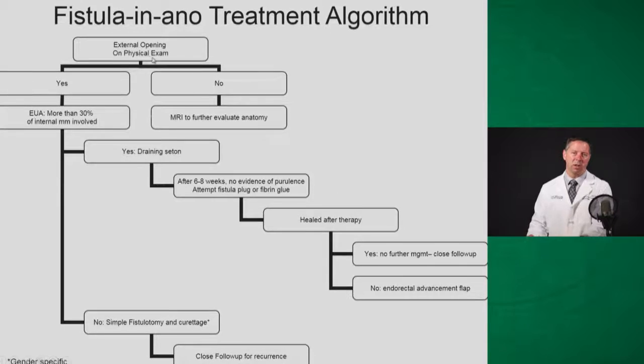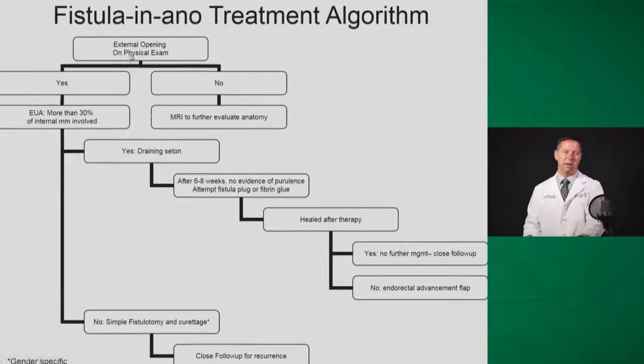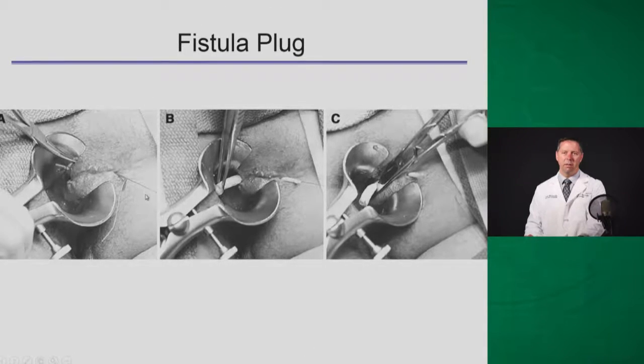If there's no external opening on physical exam, but the patients are clearly having symptoms, they're getting swelling, I'll send them off for an MRI to further delineate anatomy and then try to figure out how to treat them from there. The fistula plug procedure uses a fibrin plug, or some type of plug made of some material, that you put in through the fistula tract itself.